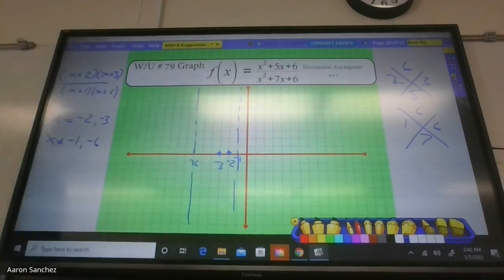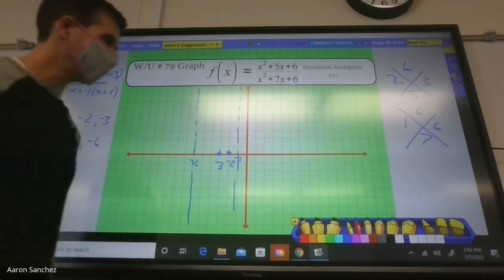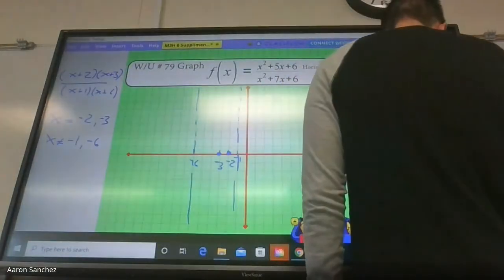You guys cool with that? And what about my horizontal asymptotes? Should we do those while we're at it? You guys figure out the horizontal asymptotes.